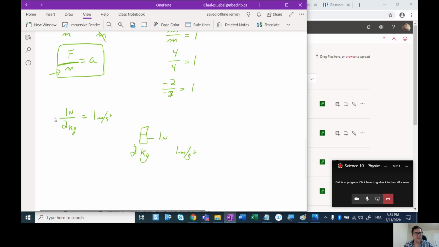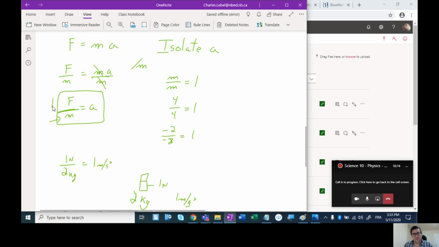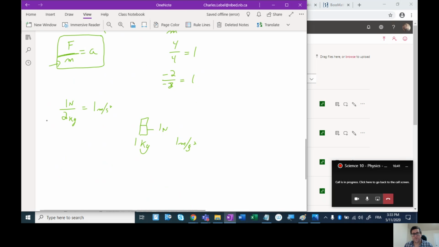If you increase F, you increase A. If you increase M, you reduce A. This is not a fact of science. It's a fact of mathematics. And this formula works in nature all the time, everywhere, forever, hopefully.